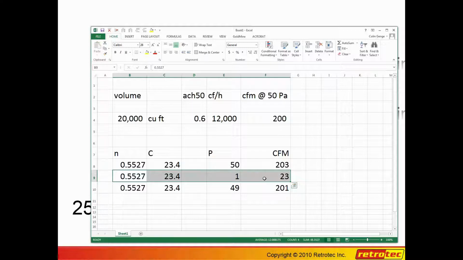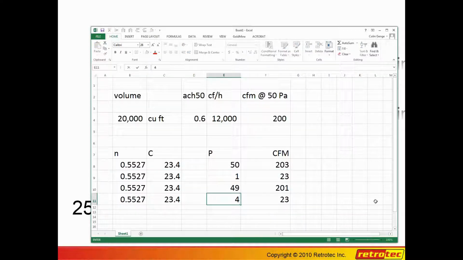If we were concerned about how much it would take to get, let's say, a 4 pascal pressure in the building, yeah, we're up to around 50 CFM, which is getting kind of substantial. 4 pascals is not the end of the world, but it does take a fairly big imbalance of pressures to get those initial pascals up.